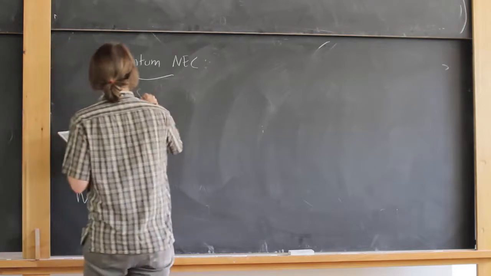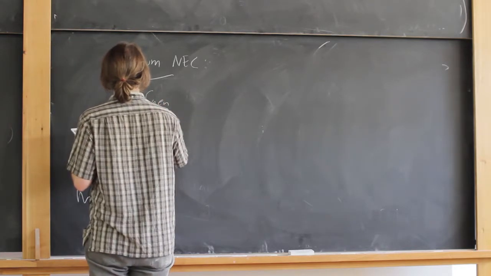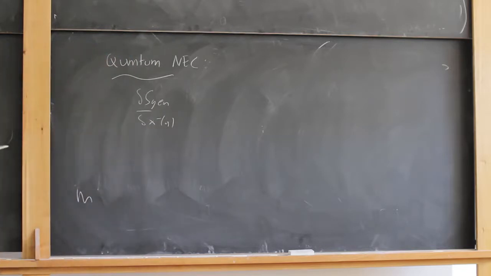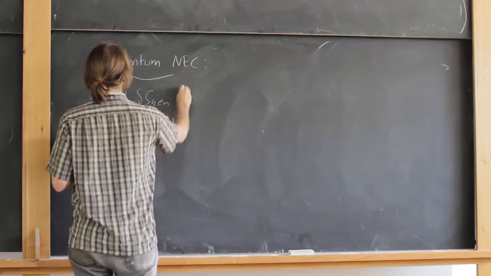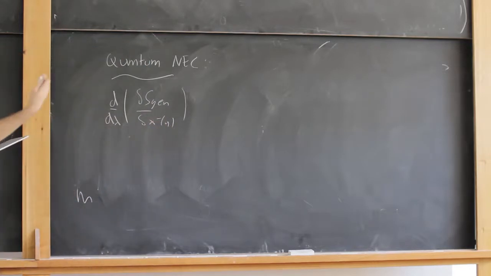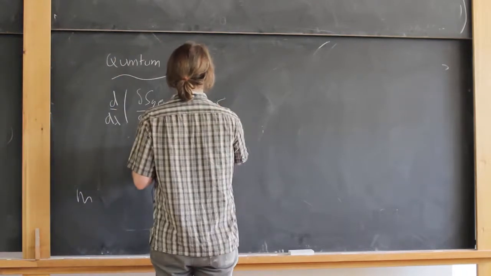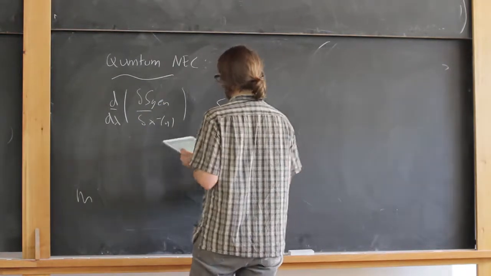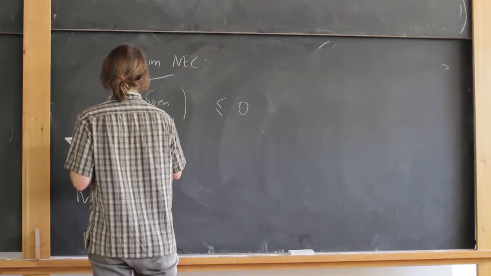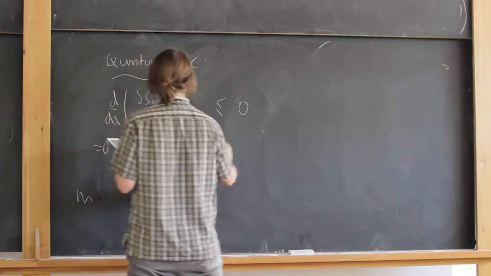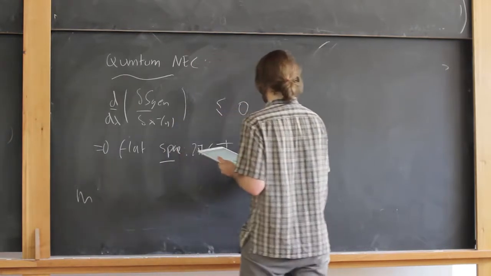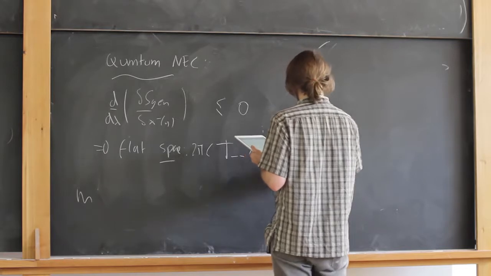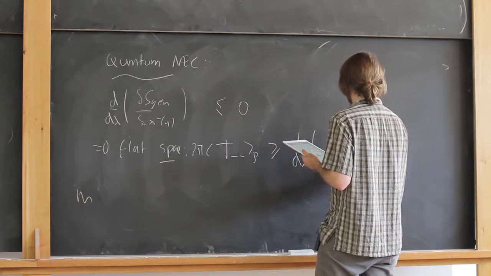However, instead of demanding something about the change in the generalized entropy as I deform along the horizon, I demand something about how it changes at second order as I deform along the horizon. This is related to quantum focusing. When I take the flat space limit, I get the constraint that T minus minus in my state, over 2 pi, should be bigger than the second derivative of the functional derivative of the entanglement entropy.